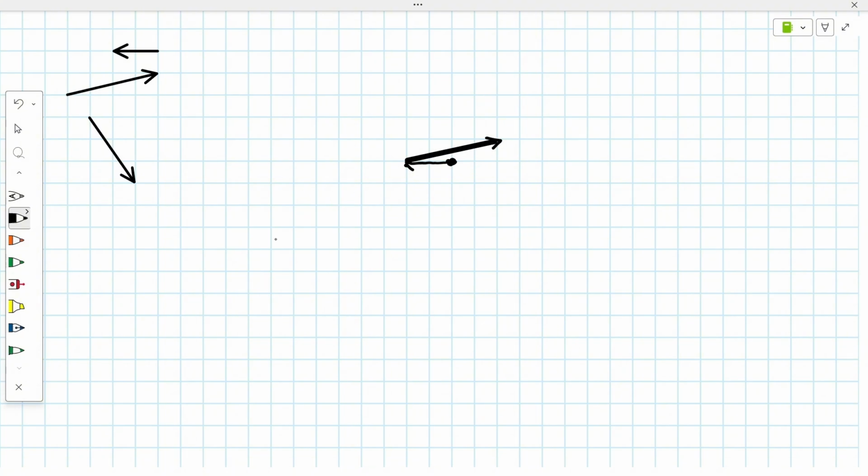And then it goes down 3 and over 2. So it'll go down to here, right? Okay, so our resultant vector will then just be the start to the finish, like this here. So this is our resultant vector.